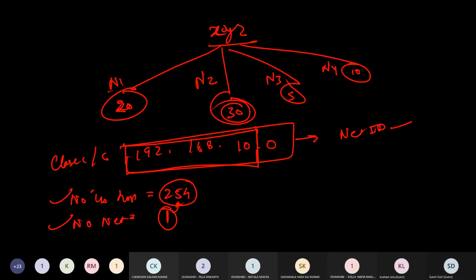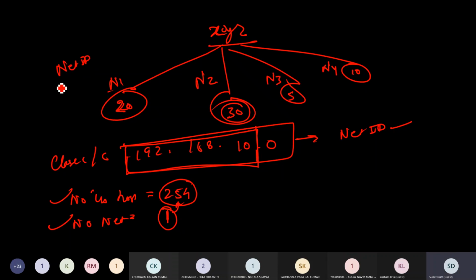So without subnetting, I have to buy 4 IP addresses, so the cost will be fourfold. Here I need to buy one network ID.